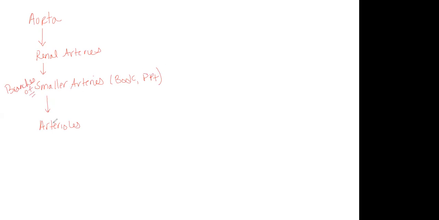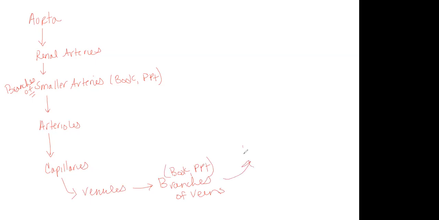Eventually we get to arterioles, then capillaries, then venules, then branches of veins. Again, we'll look at these in our book and PowerPoint. Then from the branches of veins we see the renal vein, and then back to the IVC. We know the blood leaves the heart through the aorta and blood enters through the IVC.